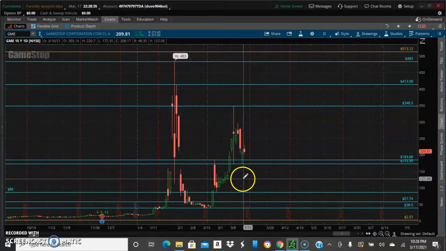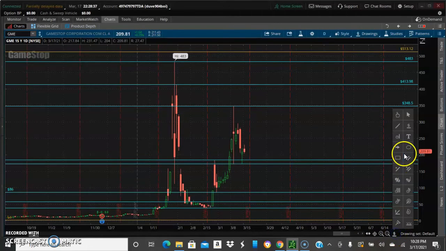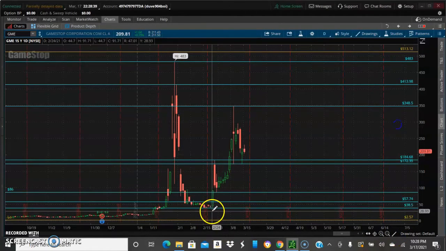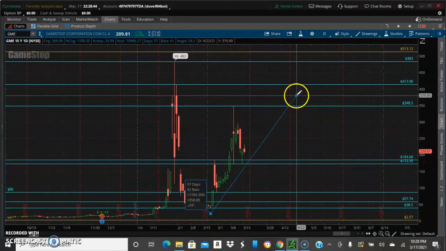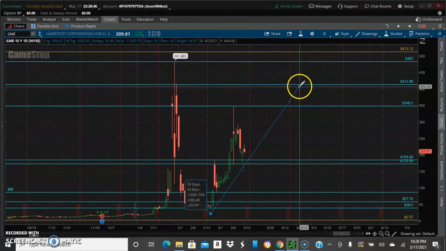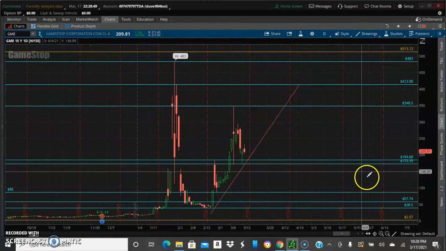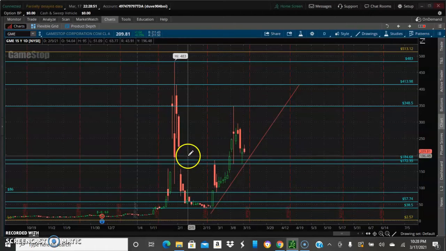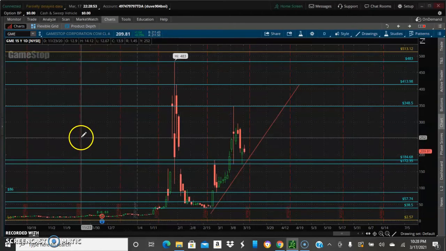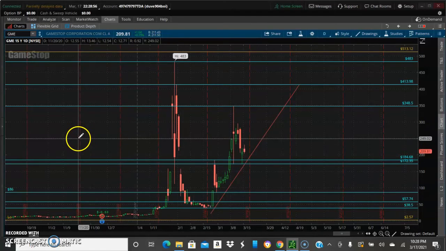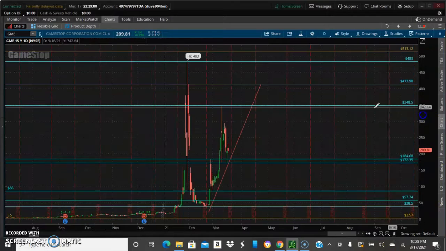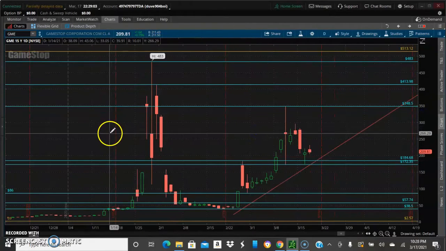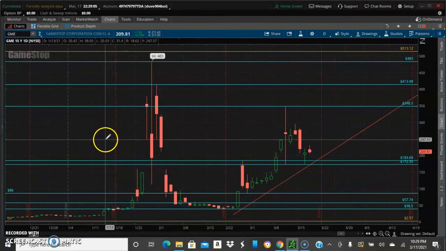All right, since we're on the day chart, let's get the trend line drawn on this thing. Let's see what the other areas are right here. There's a double tap on that thing. Did it again. Double tap on that right there, on that price.